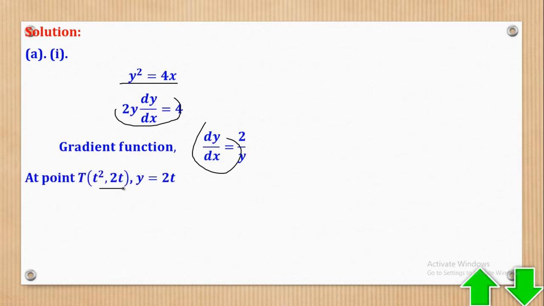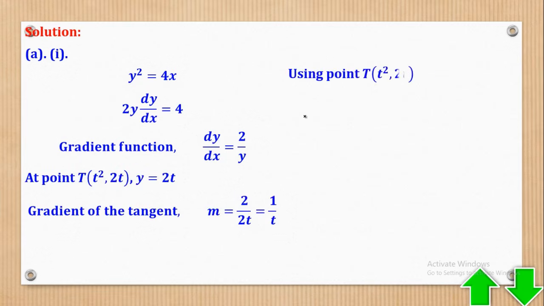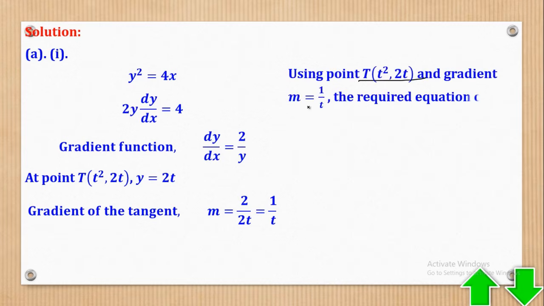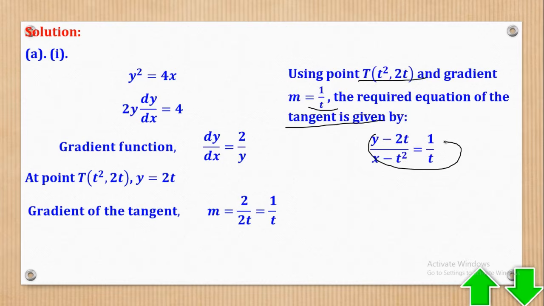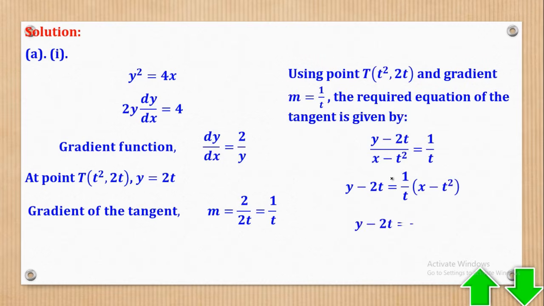Then at this point y is equal to 2t, so substitute for y to come up with the gradient of the tangent as 1 over t. Now using this point t and the gradient 1 over t, the required equation of the tangent will be given by this. I believe you know where the statement comes from.